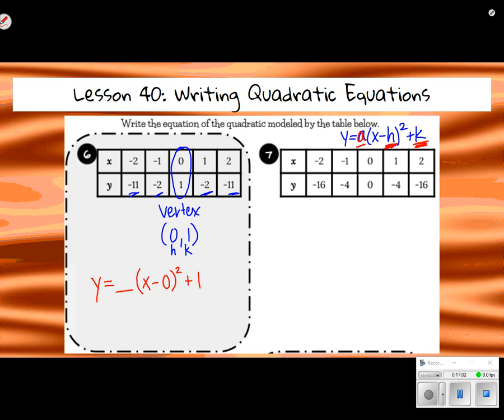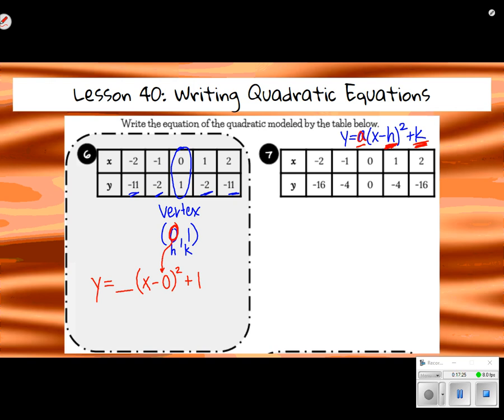Now, let's say for a moment that this wasn't 0. This was another number. Remember that when you go to put it in, you have to change it to its opposite when it goes inside the parentheses. Just like the other set of parentheses, it had to change to its opposite to go inside the parentheses. 0 doesn't have an opposite. 0 is neutral.